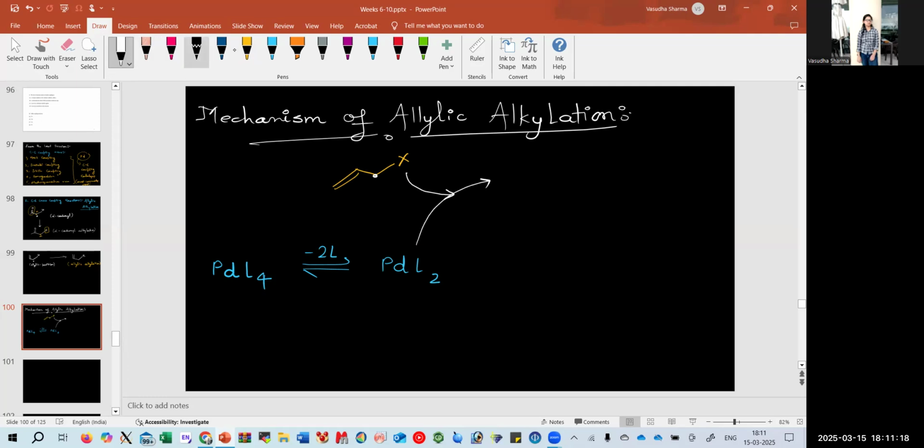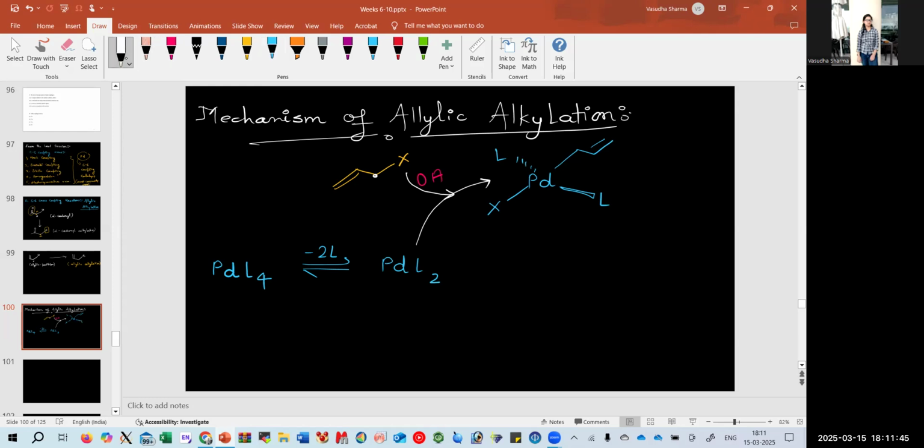This process is called oxidative addition, OA. Your structure will now look like this: the allylic bond and the X will bind with your palladium, and the other two ligands will go in a trans position.